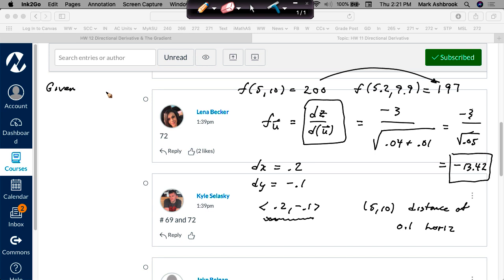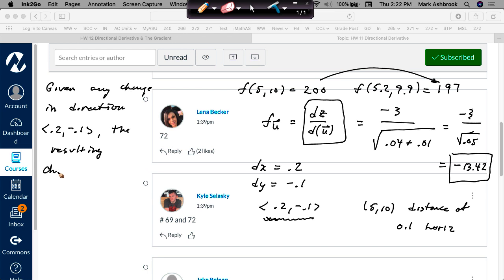So given any small change in direction 0.2, negative 0.1, the resulting, not rate, but the resulting z value. I remember we worked hard on this about a week ago, remember?